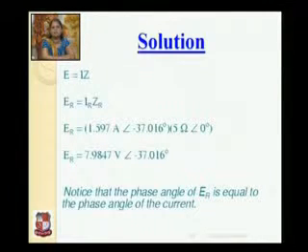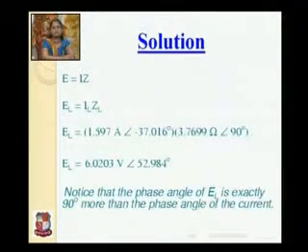Multiplication is always preferred in polar form, and this is given in polar form. So just multiply the two magnitudes: 5 into 1.597, your answer is 7.984, and add the two angles, minus 37 plus 0, so your angle is minus 37.